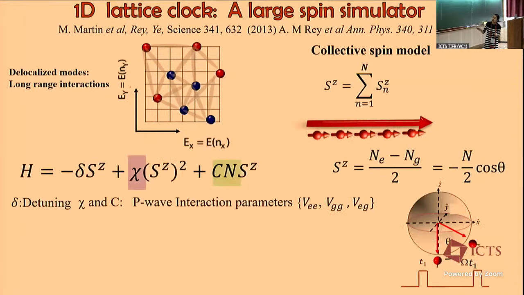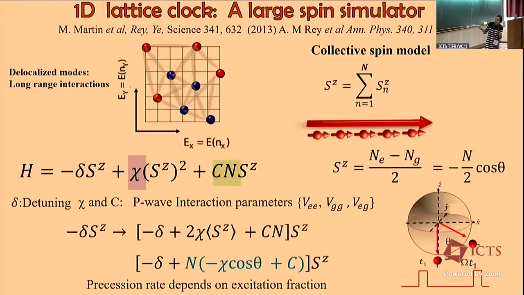So the important part is that the collisions of the atoms, in very simple terms, can be modeled by a very simple Hamiltonian that can tell us how the clock is modified by the presence of the other atoms in the array. Basically, these parameters include not only the detuning that I defined before, but also other parameters that determine the collisions of the clock, and these chi and C parameters depend on the scattering volumes of the van der Waals interactions.